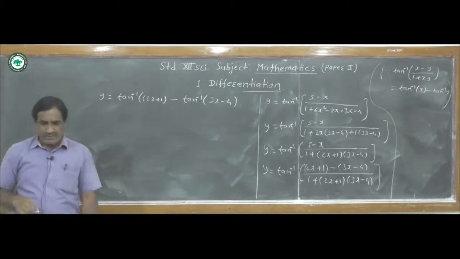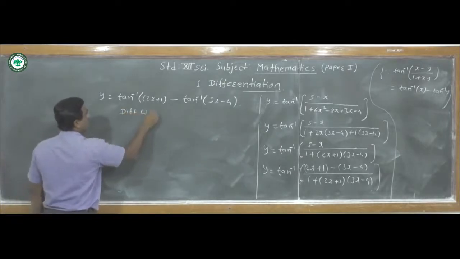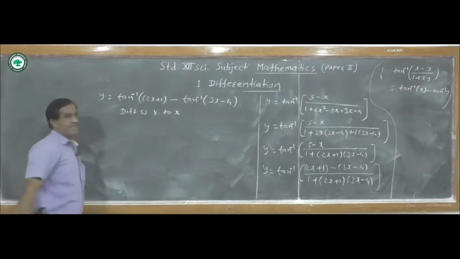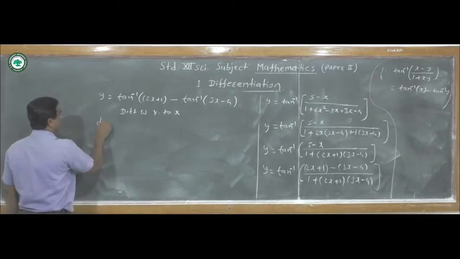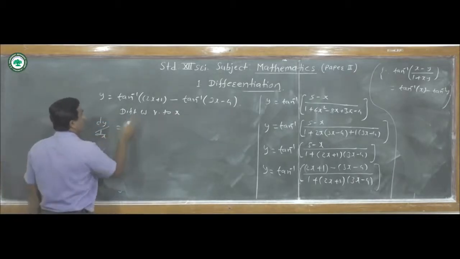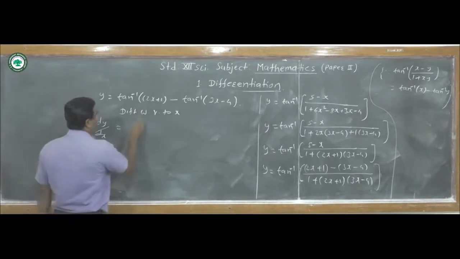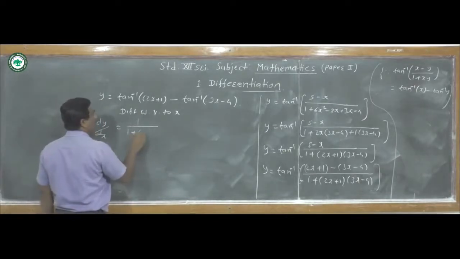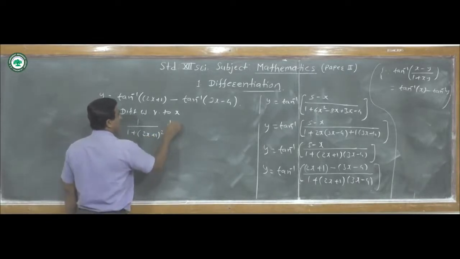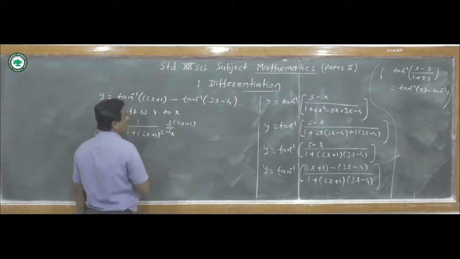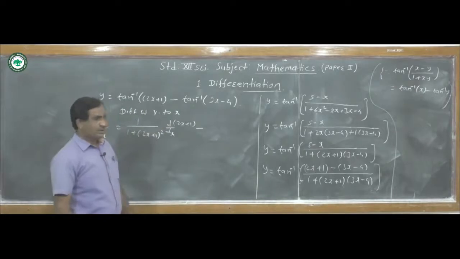Okay, now differentiate this equation with respect to x. Therefore, derivative of y is here dy by dx, and derivative of this term tan inverse of (2x plus 1) is 1 upon 1 plus (2x plus 1) bracket square into dy by dx of (2x plus 1), minus derivative of tan inverse of (3x minus 4), a composite function.